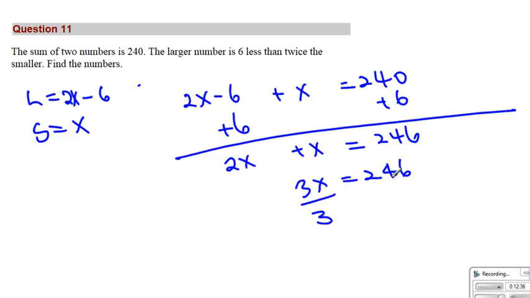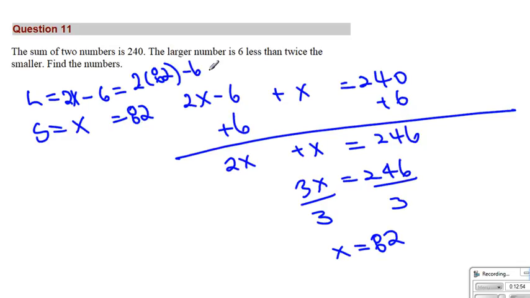And then when you divide by 3, x becomes 82. So here we have smaller number becomes 82, and bigger number becomes 2 times 82 minus 6. Here 2 times 82 becomes 164, so therefore we have 158 becomes our final answer.